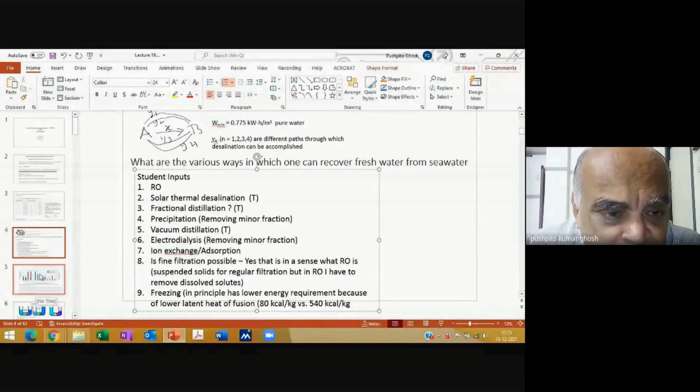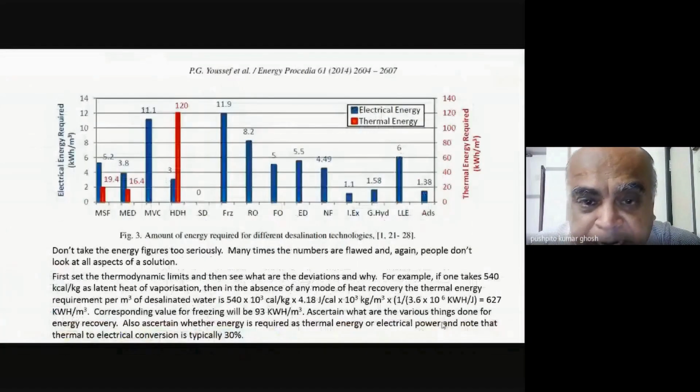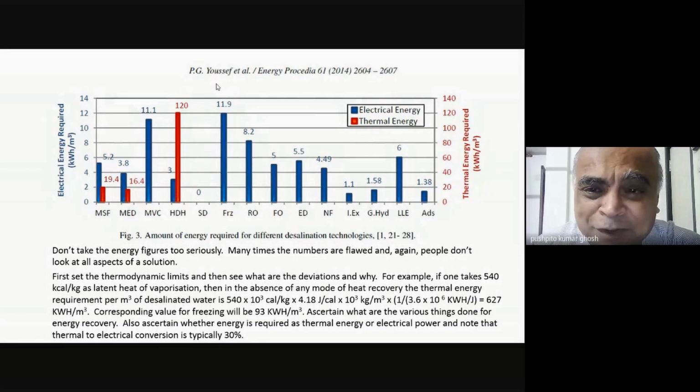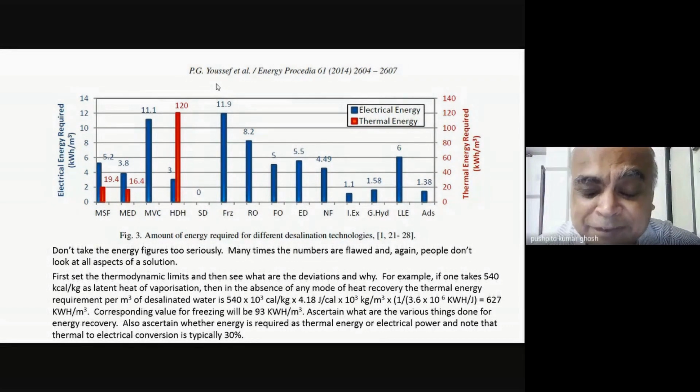Now, let me show you a paper. Don't take this paper seriously, okay? When I read these things, I find that all of them have a hidden agenda. When they're writing their paper, they're trying to prove that something they have done is better than other things.